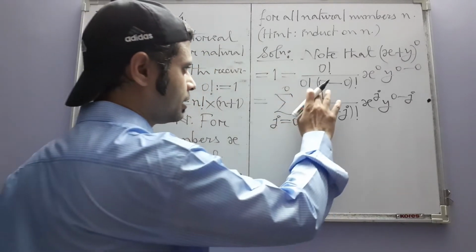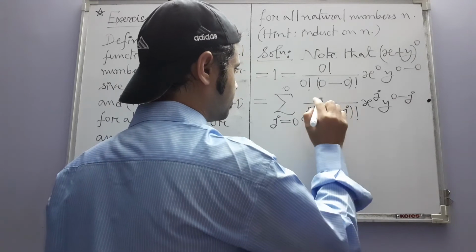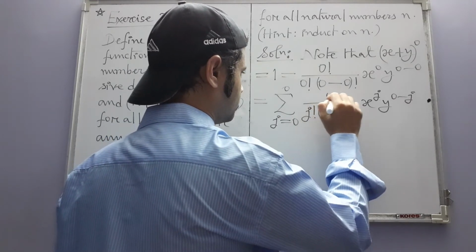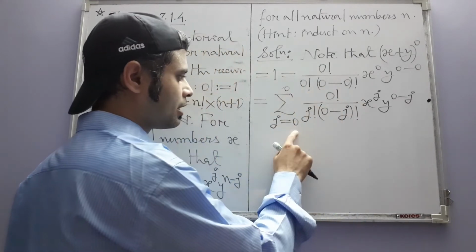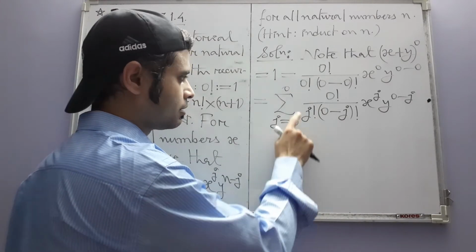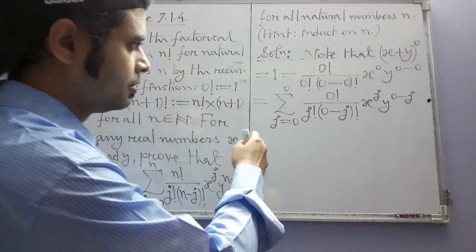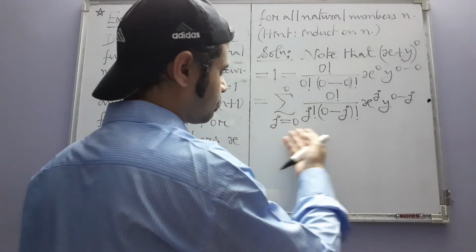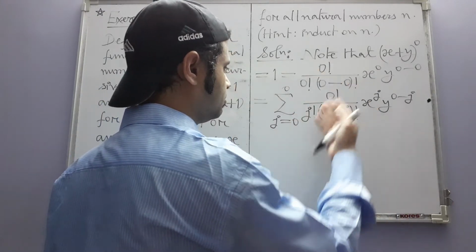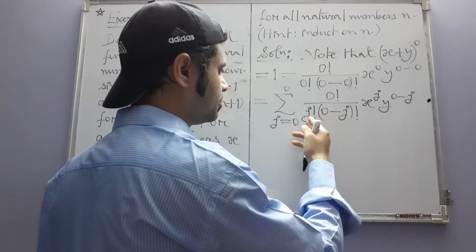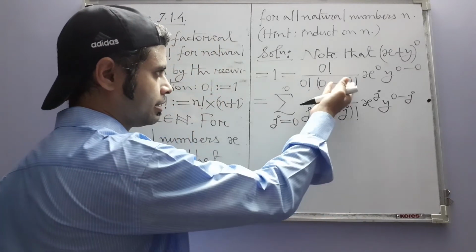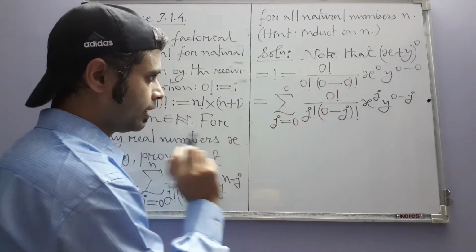Since in this finite series the lower limit for the index and its upper limit are the same, the finite series will have the value which you can obtain by putting just j equal to 0 here, and that's what you have here.